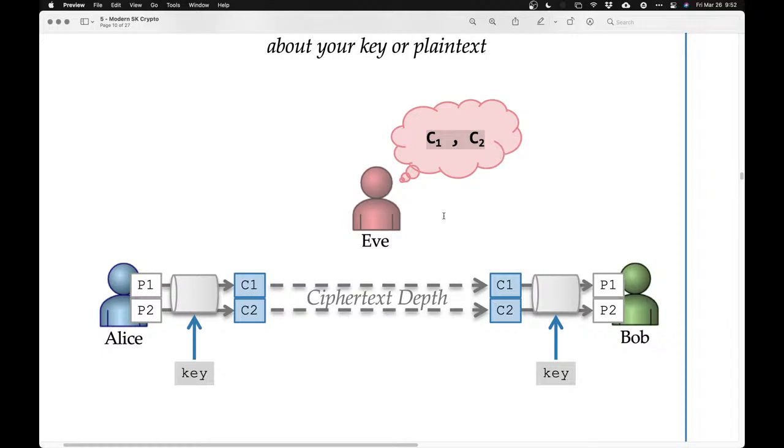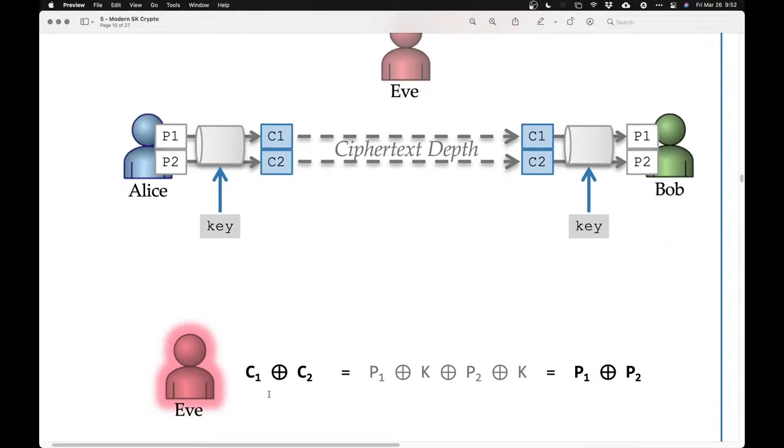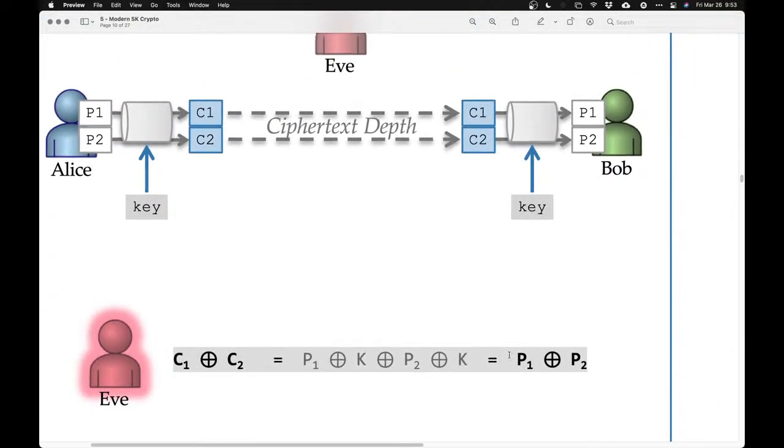So last week we saw that if you encrypt two plain texts into two ciphertexts, but use the same key twice, like you repeat the key, then there's this depth problem where exclusive ORing two ciphertexts is the same as exclusive ORing the corresponding plain texts. Which means if you can guess one of the plain texts, you can crack all the ciphertexts. Okay, so this is kind of a known problem.